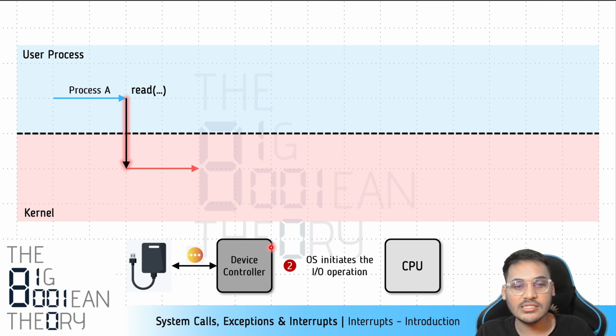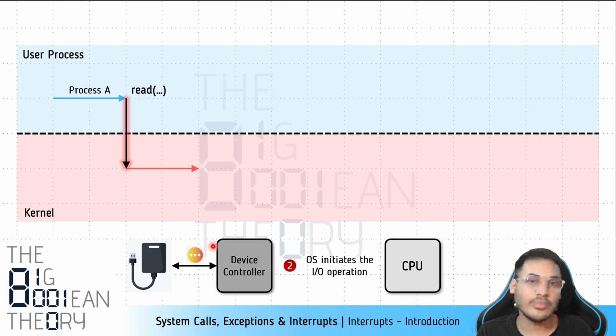Once the operating system has programmed the device controller, the device controller starts the operation on the hard disk. Since this is a read operation, there will be a copy operation, that is, data will be transferred from the hard disk to the local storage of the device controller. As you can see, this IO operation is currently in progress.